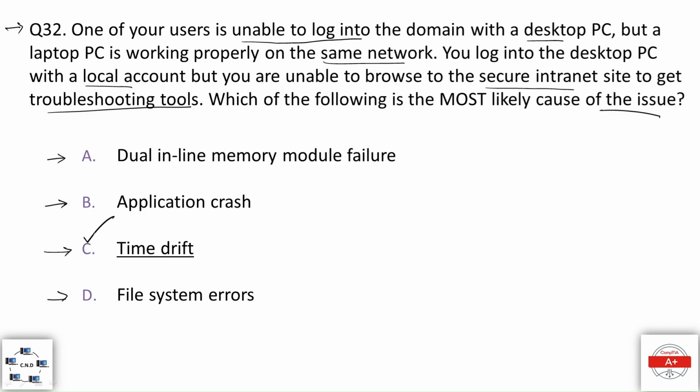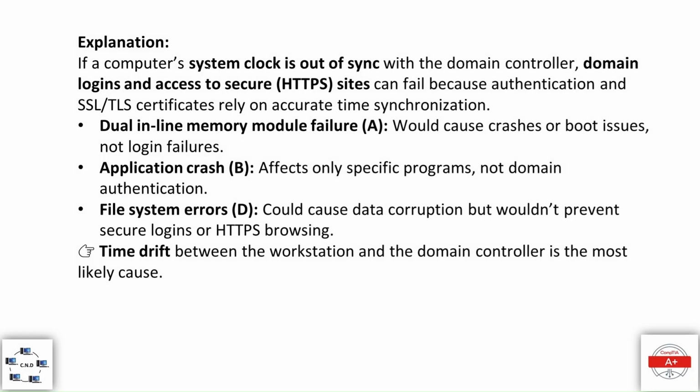option C, time drift. And the explanation is, if a computer's system clock is out of sync with the domain controller, domain logins and access to secure, that is HTTPS, sites can fail because authentication and SSL/TLS certificates rely on accurate time synchronization.